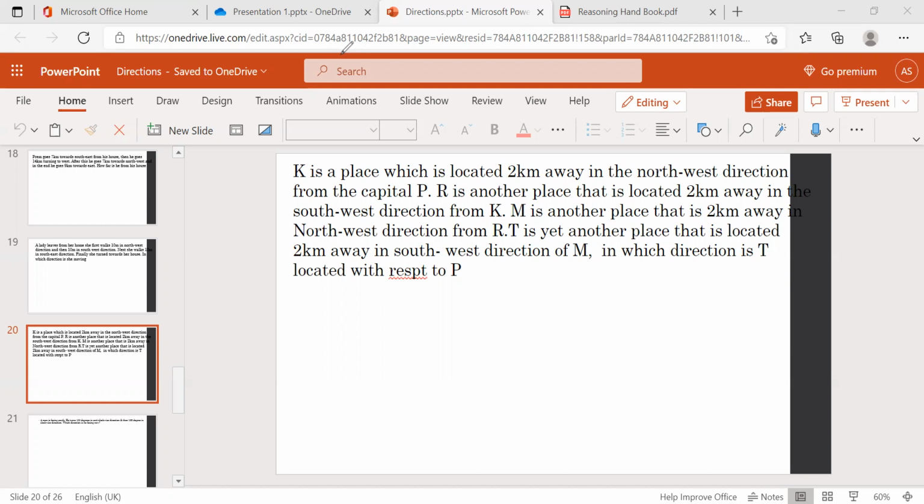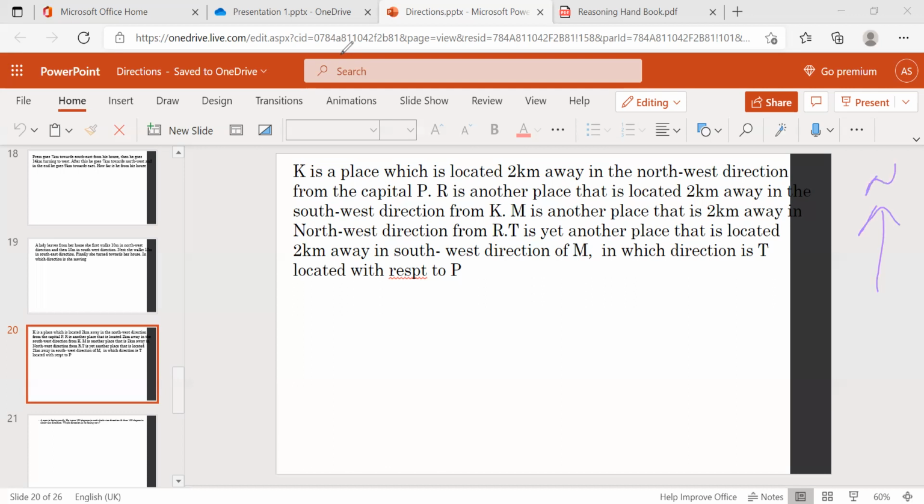Interesting question. If you can understand this one, that means you can understand almost every concept in directions. See here, what they are saying first of all. First, write the north here.